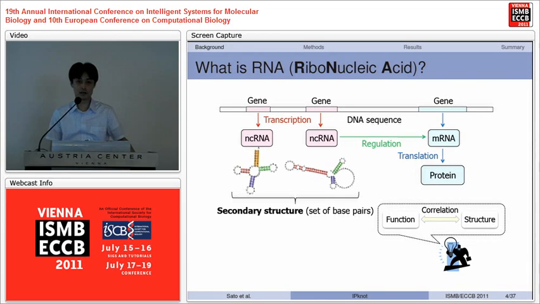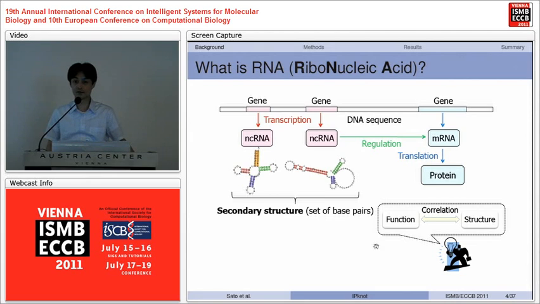First of all, let me refresh your memory on the background knowledge of RNAs. Ribonucleic acids, or RNAs, play an important role in biological processes, not only the passive role as a messenger that carries genetic information translated into proteins, but also the active roles as a regulator for gene expression and as a catalyst in the cellular processes.